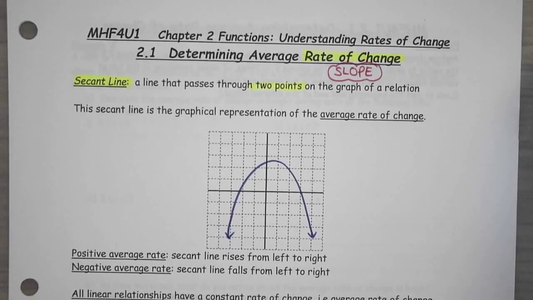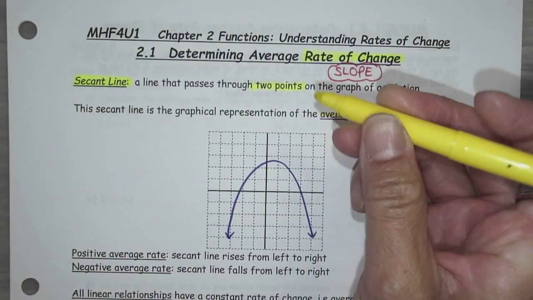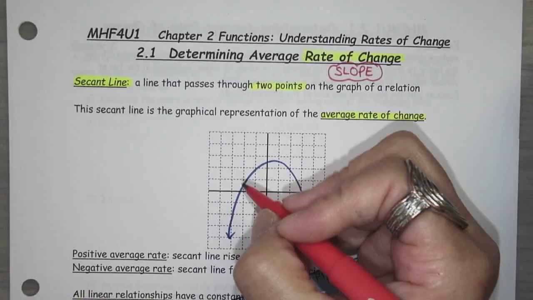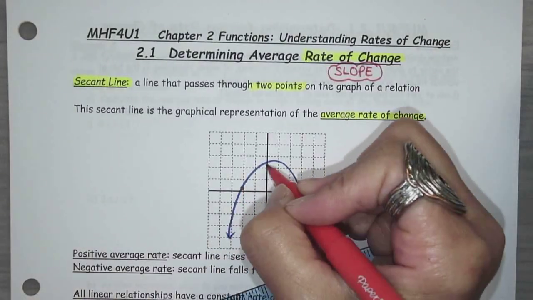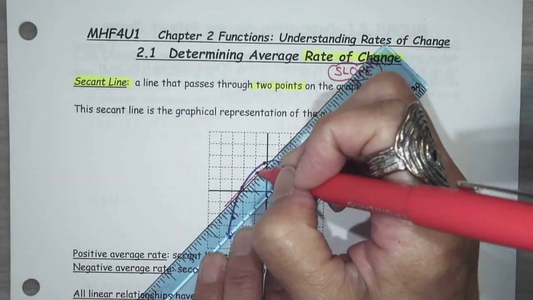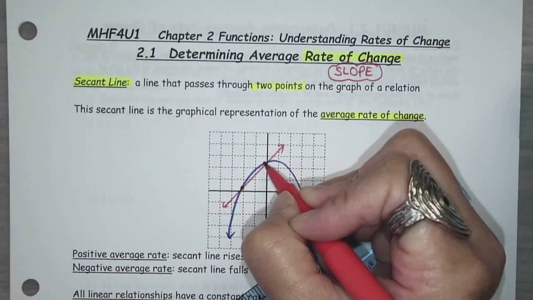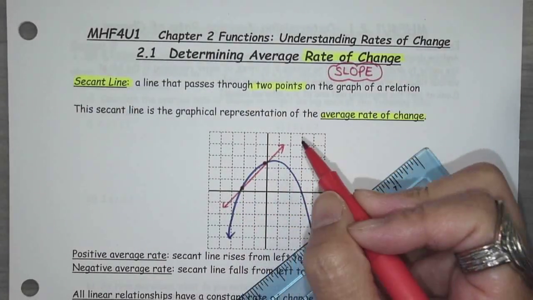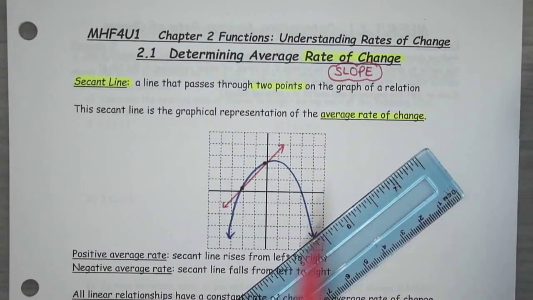So a secant line is the average slope, the average rate of change. That means that if I was to take any 2 points here on this graph, and do a secant line between them, then the slope of that line is considered to be the average rate of change.